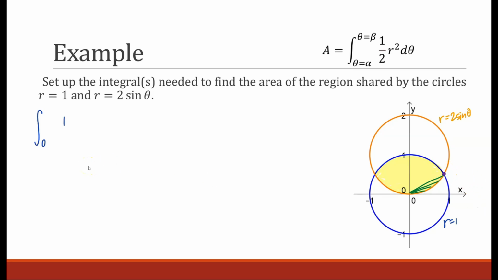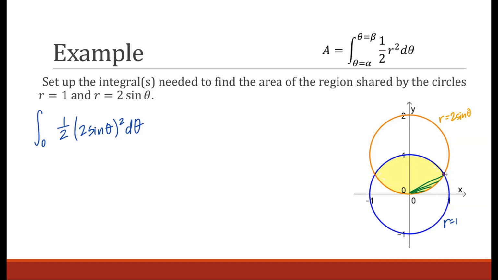But then we're going to have 1/2 the function 2 sine theta squared d theta. So that's going to find the area of this little portion right here that I've started to sketch out. But again, I need this point of intersection, this angle.